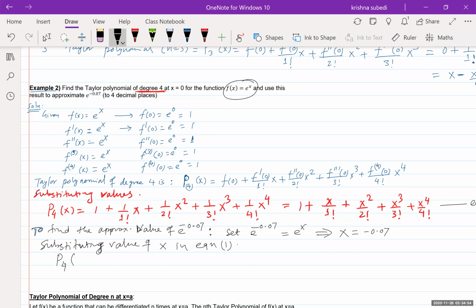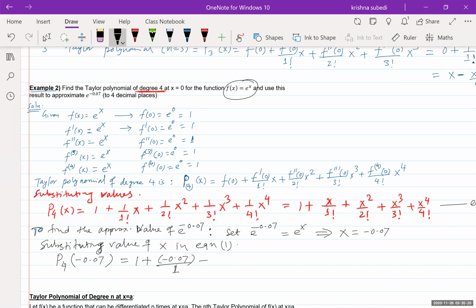e to the power x, which means negative 0.07, equals 1 plus x, which means negative 0.07, over factorial 1. Factorial 1 is actually 1, I'll write just 1, okay? Because factorial 1 is 1. X we already wrote.